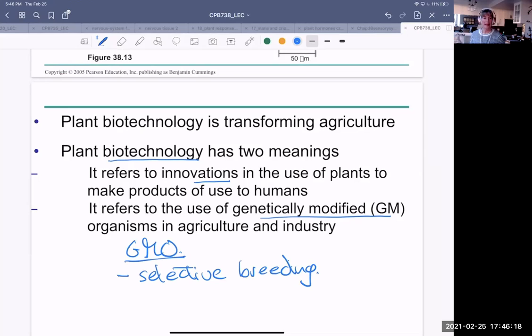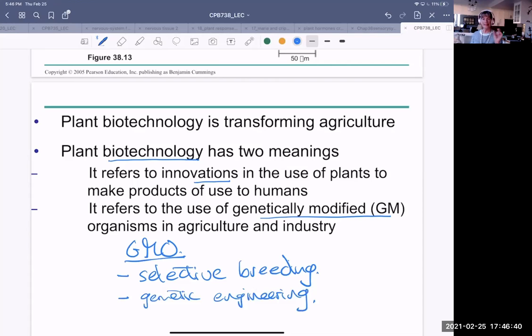We've selectively bred plants, so the plants that you see in the grocery store are unlike the originals. They're genetically completely different.